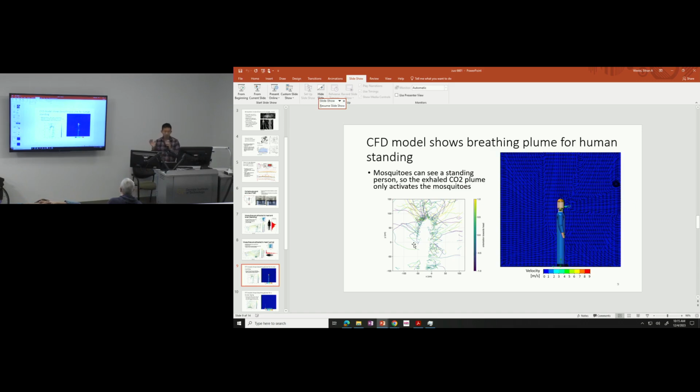This doesn't completely correlate: if we lay a silhouette of the mosquito tracks with the XY position on top of it, it doesn't exactly line up with where the mosquitoes are coming from like we had thought from the CO2 plume. And so we were trying to look at why that is the case.